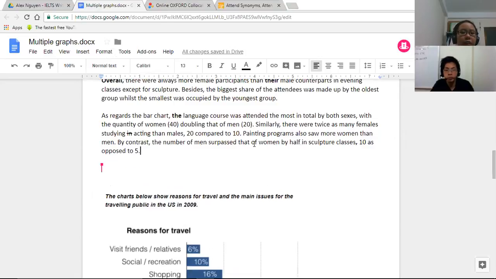For me, I would simplify the way I give the numbers here, but I suppose that's not any major mistake, because I would say, by contrast, the number of men, I give the number 10 here, surpass that of women by half.